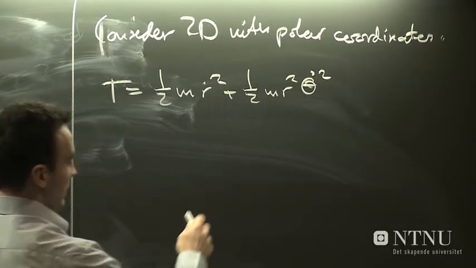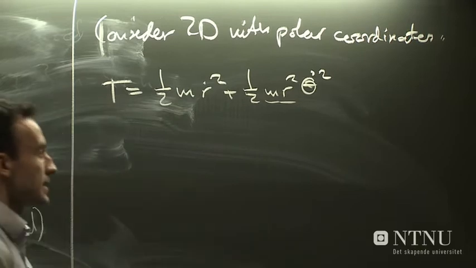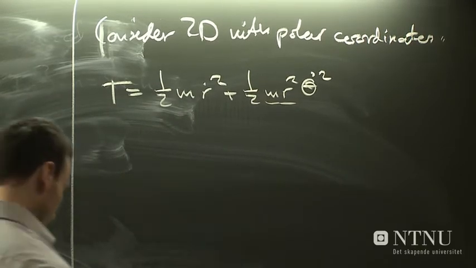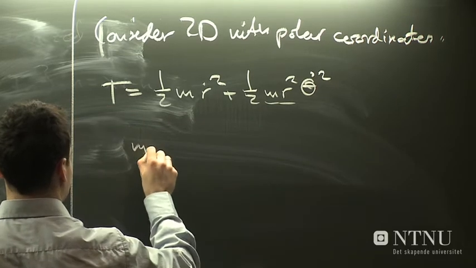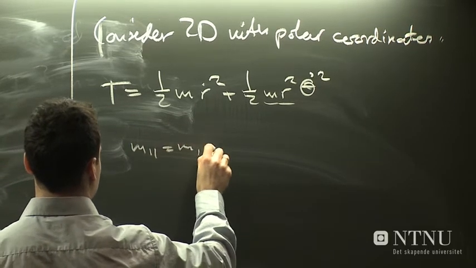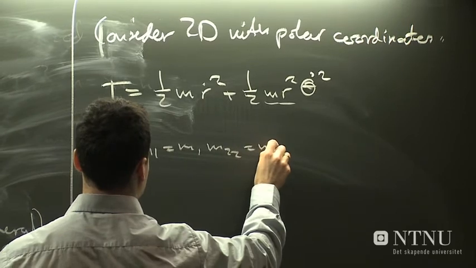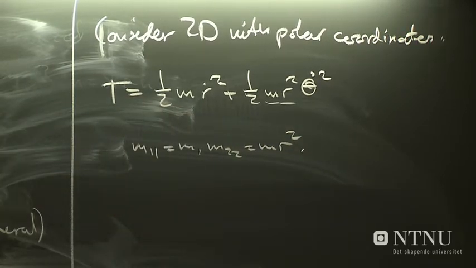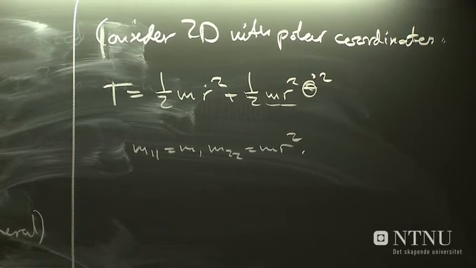So we see immediately that this mass coefficient here depends on the radius. So the matrix coefficients would be the following.